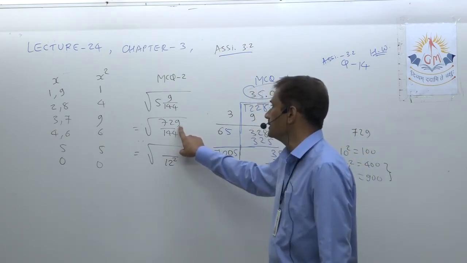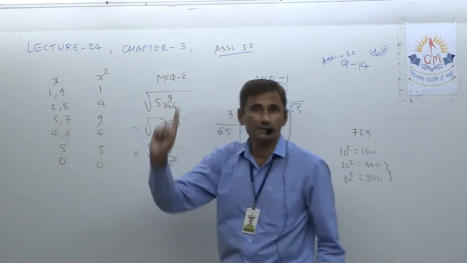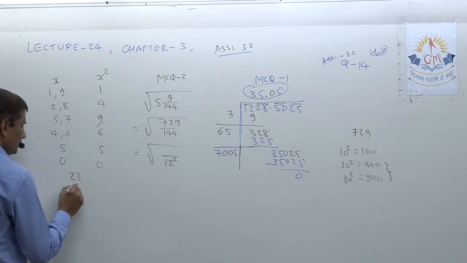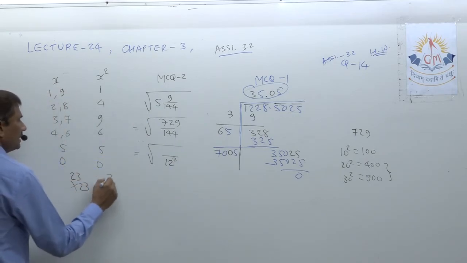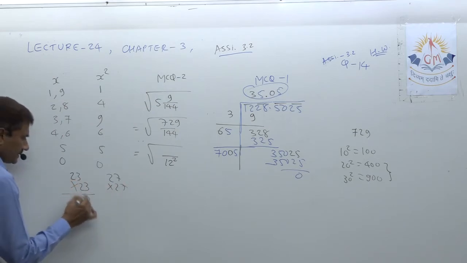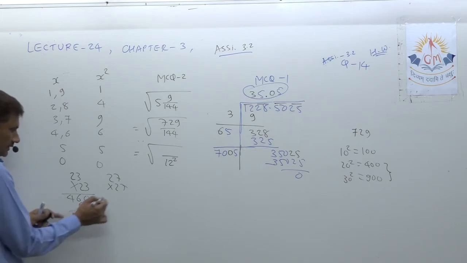Because the last digit is 9. So its square root's last digit may be 3 or 7. So first of all, look, either 23 into 23, otherwise 27 into 27. So look here. It is 2 3s are 6, 2 2s are 4, 3 3s are 9, 3 2s are 6, 9, 5, 5 to 9. So it is not here. So look here.